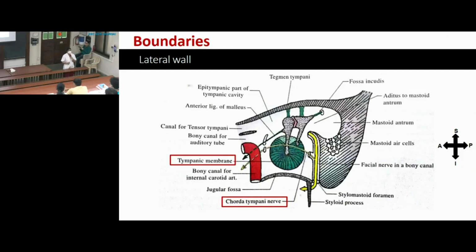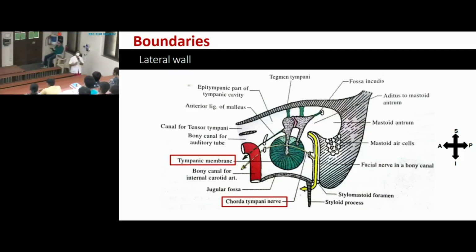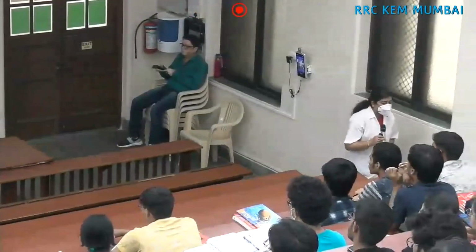Mainly the tympanic membrane consisting of 3 layers and 2 canaliculi for passage of chorda tympani from posterior to anterior. That's how it will be entering the infratemporal fossa by passing through this anterior canaliculus. The anterior canaliculus is nothing but the medial end of the petrotympanic suture which is present along the base of the skull.